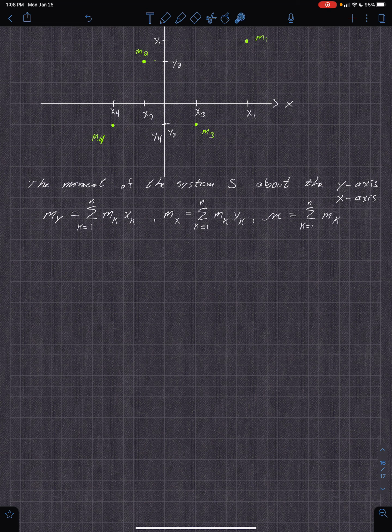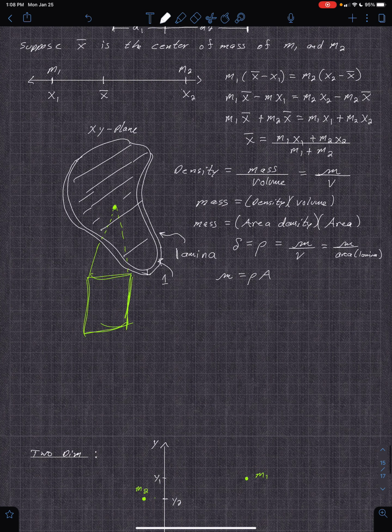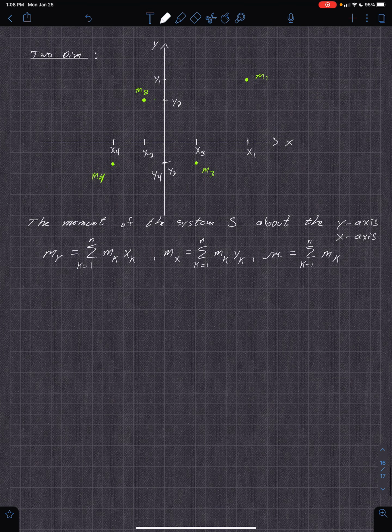So we have the moment about the y, the moment about the x, and the mass of the system. We're going to do the same thing we did back here. We add up the moment and then divide by the mass. That gives the center of mass for each coordinate x, y.